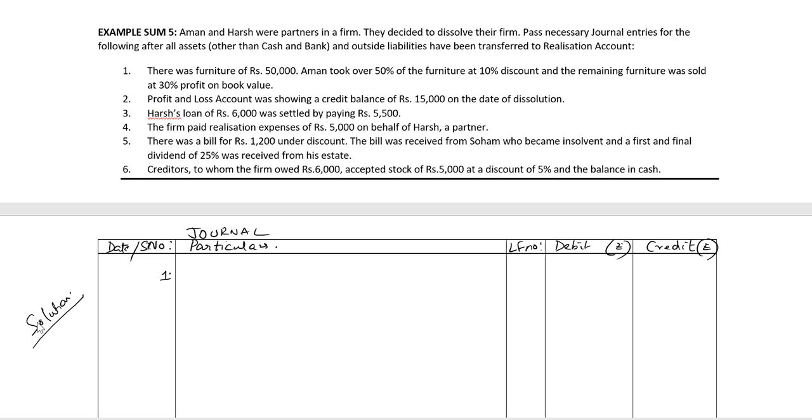So part of the furniture is taken over by Aman and part of it was realized for cash. Journal entry, combined journal entry: Aman's capital account debit, bank account debit, to realization account.